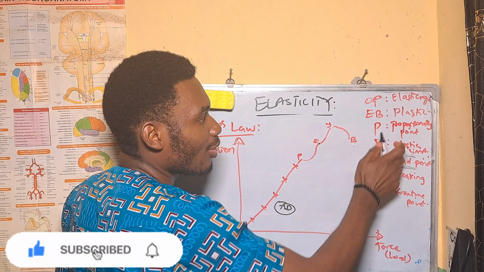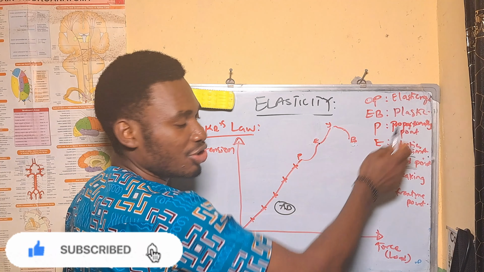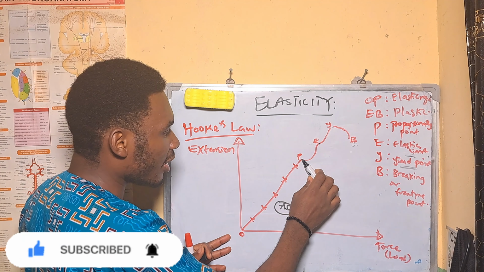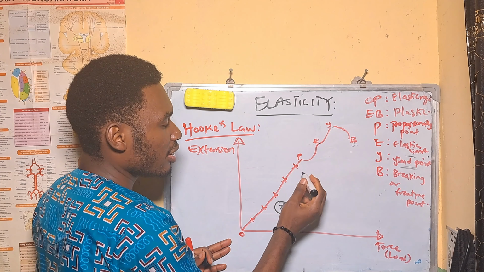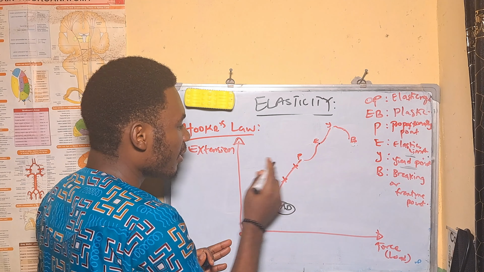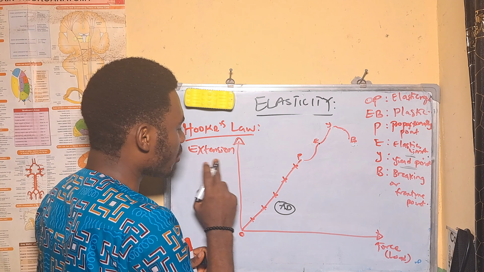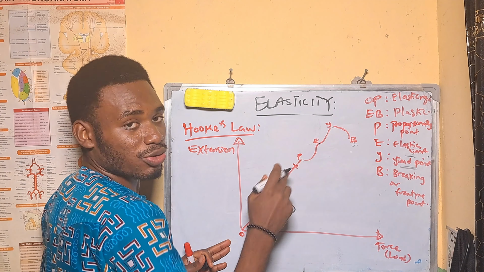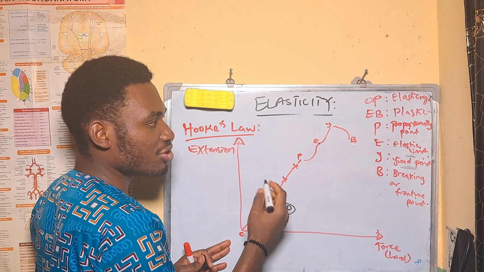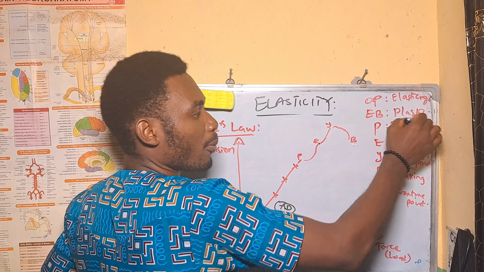So we have two regions basically. You have the elastic region and the plastic region. So from here to here, this P is the proportionality point. It means that at this point, these two factors, extension and force, are still proportional to each other. So the point P is now called what? The proportionality point.